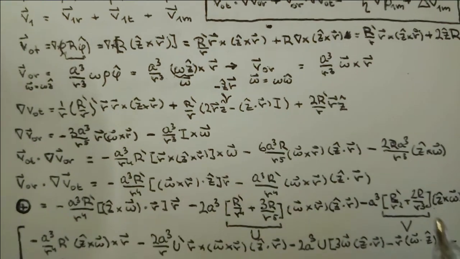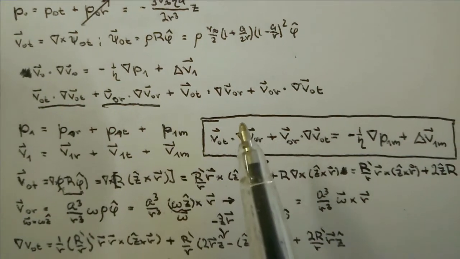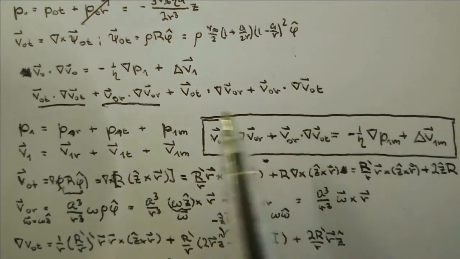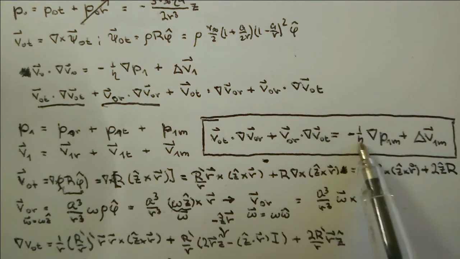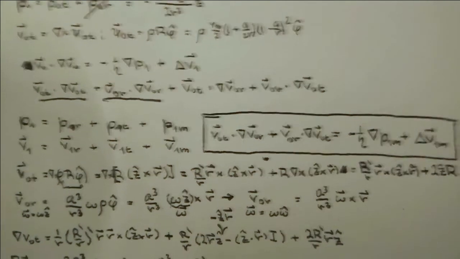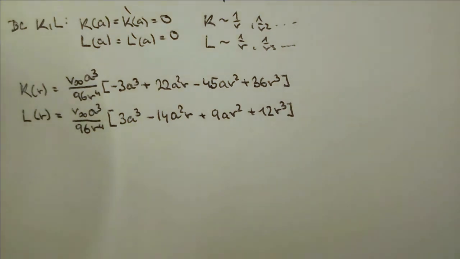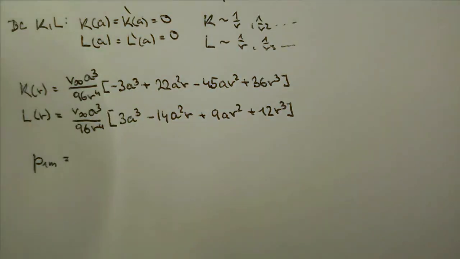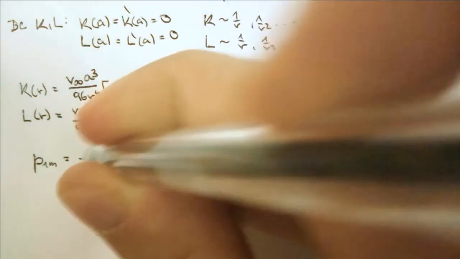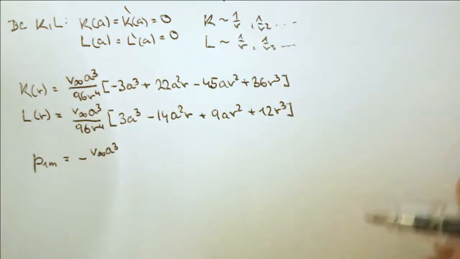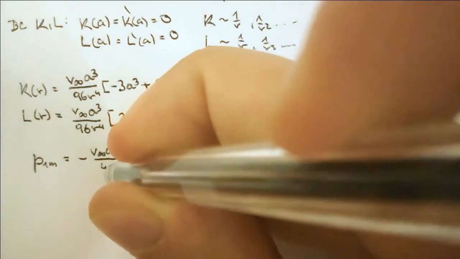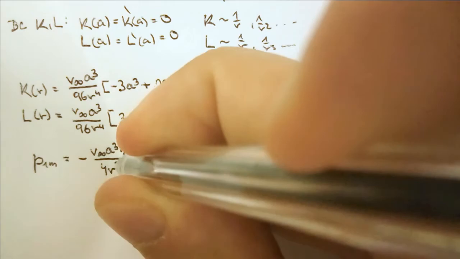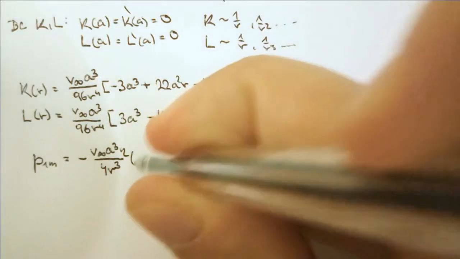This sum is here, so you can just substitute in, and then compute the integral of this and multiply it with minus eta, so you will get the pressure, and the pressure P1m will be equal to minus V infinity a cubed times eta divided by 4r cubed, and there is 1 plus.